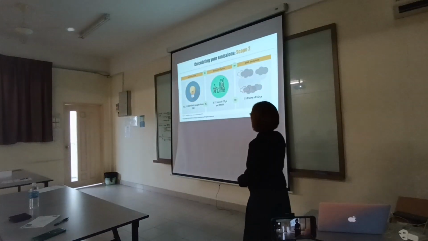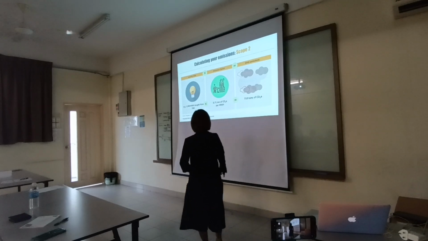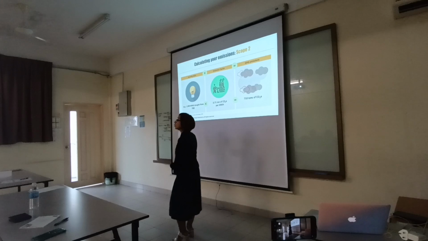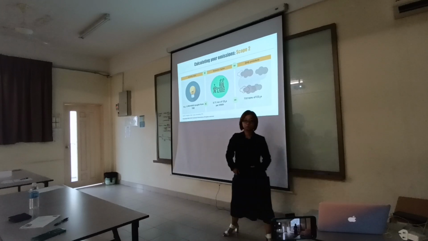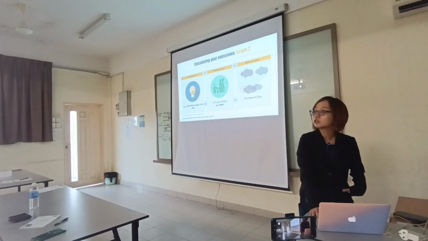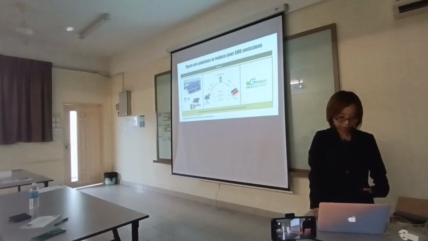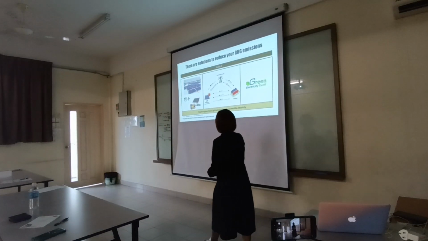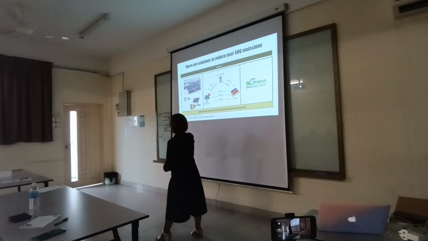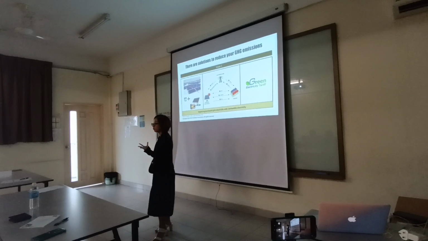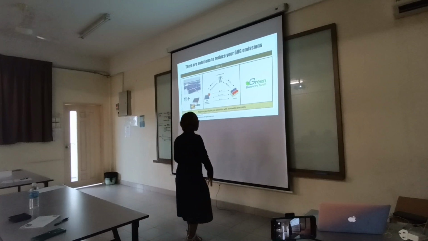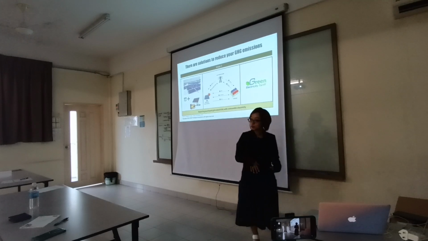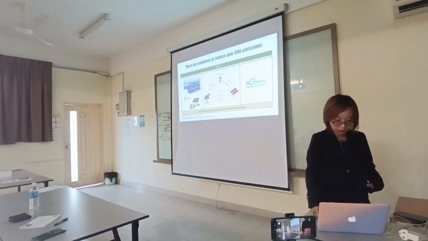And scope 2, same thing. You also use the activity data times the emission factor equals the GHG emission, but this one is about the electricity calculation. For scope 2, normally you can replace your existing electricity source with renewable energy, like solar panels, to generate electricity.